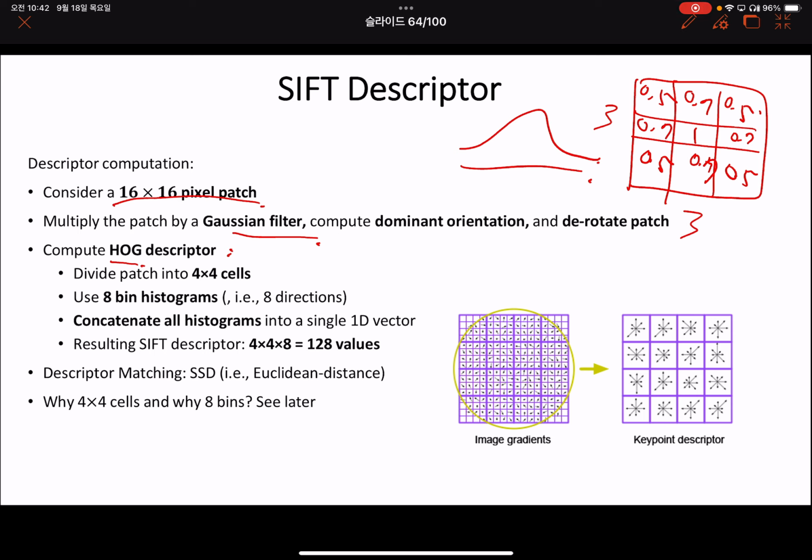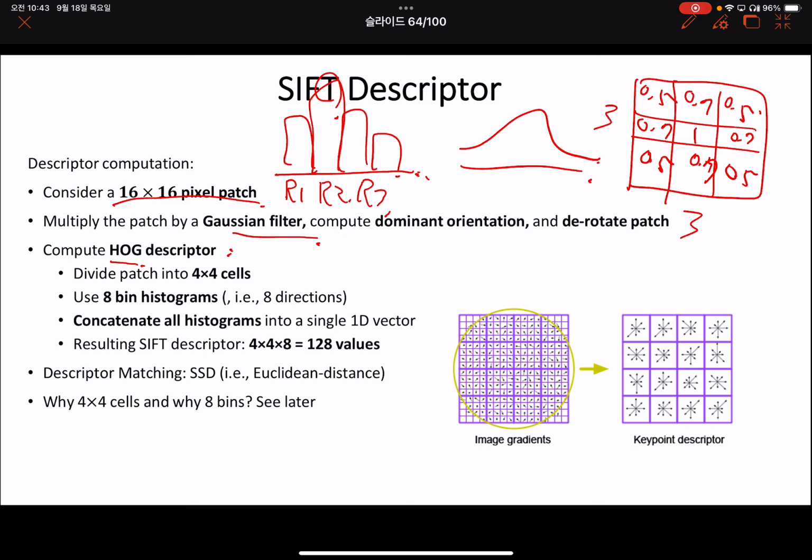From the computed gradient, we can make a histogram. A histogram is just a graph of some frequency. Maybe there are ranges of gradient, range 1, range 2, range 3, and then we can find some dominant range of gradients from this local image patch. It's just a brief visualization of HOG.